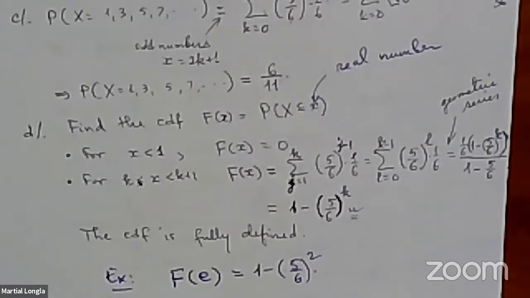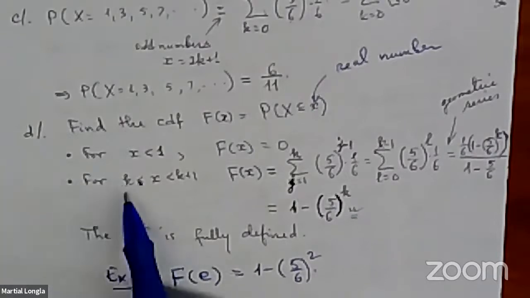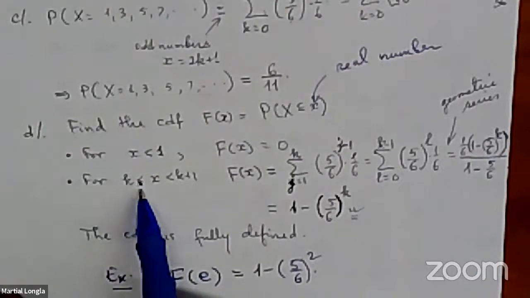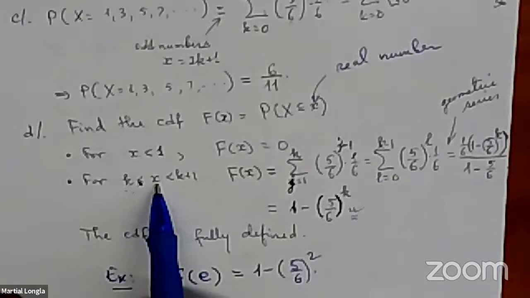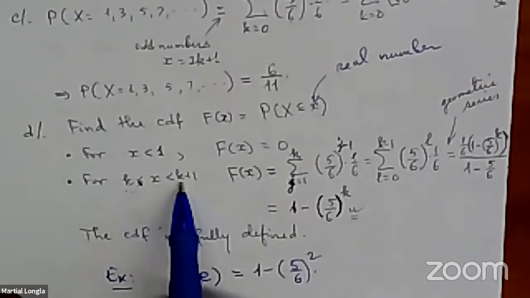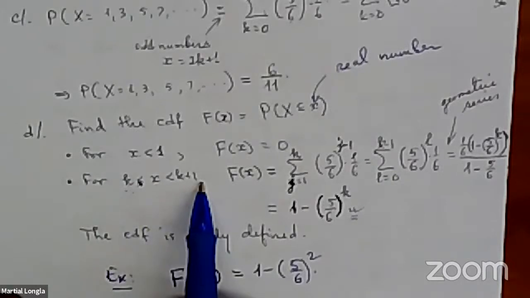Oh, I have a question. Yep. For the k, I understand you have to have an integer, but how did you pick k and what does k stand for? k is the integer that is right before x, and x is before k plus 1.